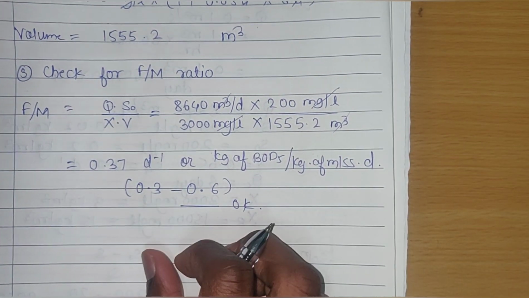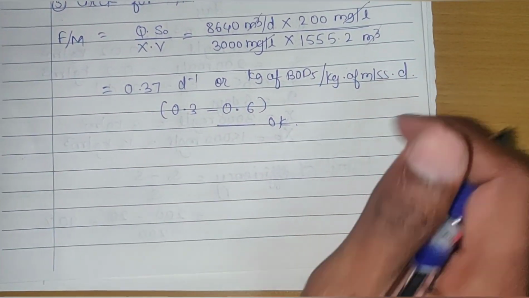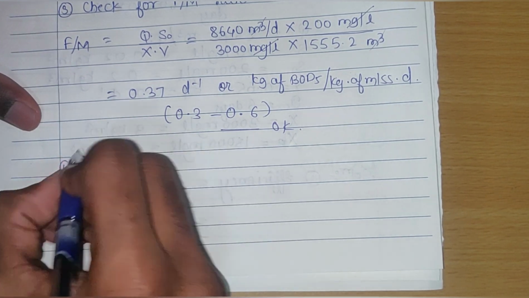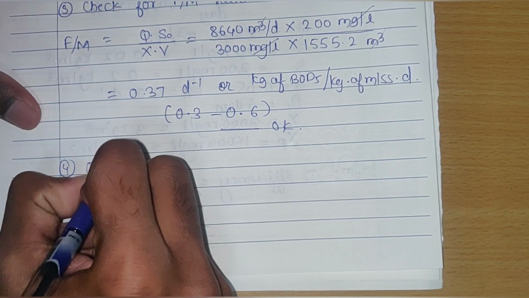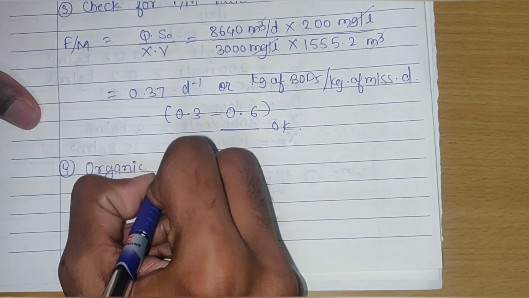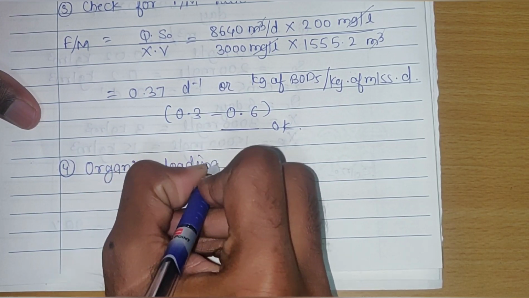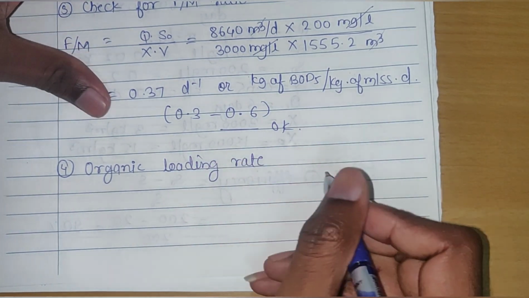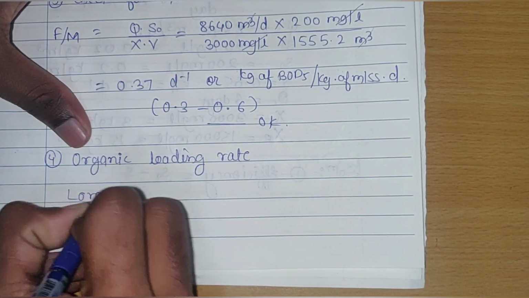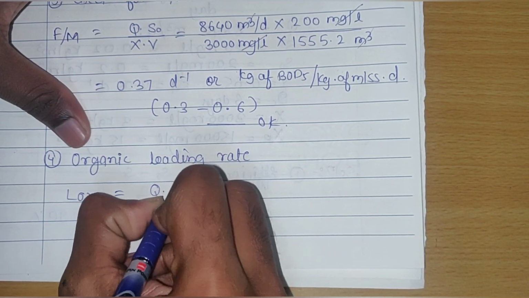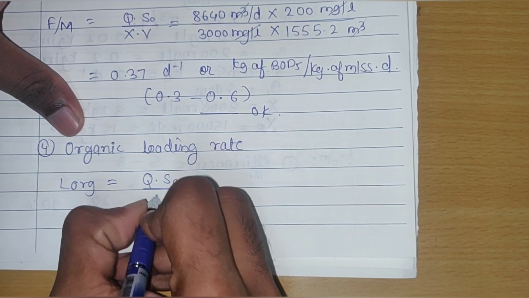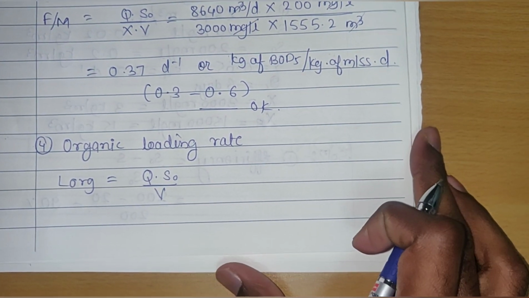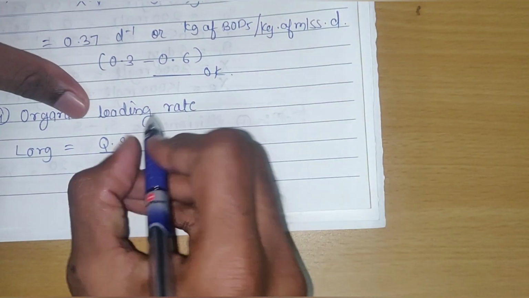Okay, then again we will check the organic loading rate or volumetric loading rate. L org is equal to Q into S naught upon V. This is the volumetric loading rate, or organic loading rate, formula.